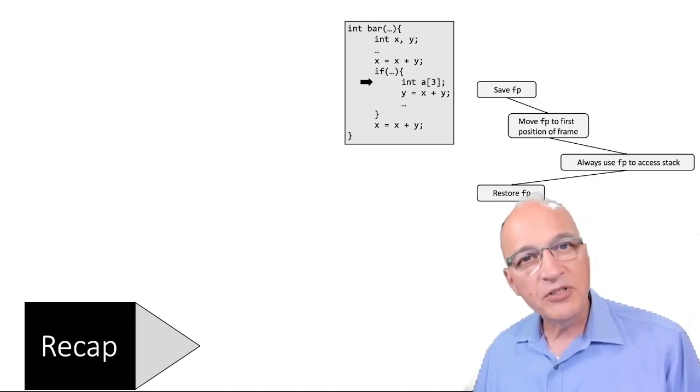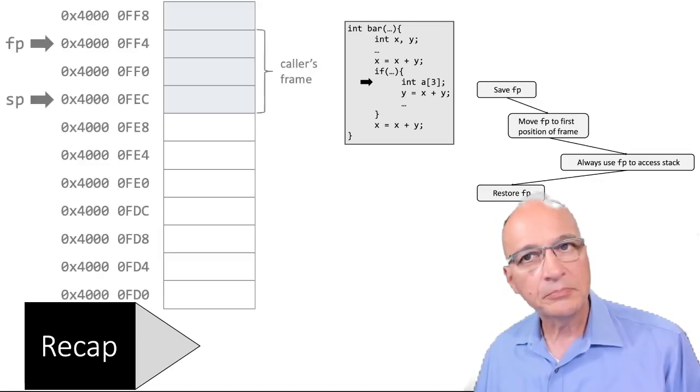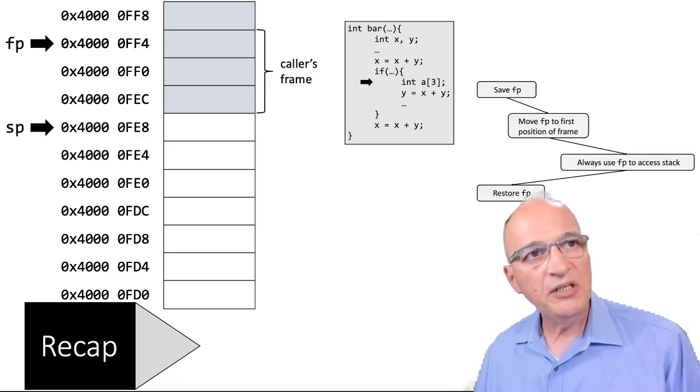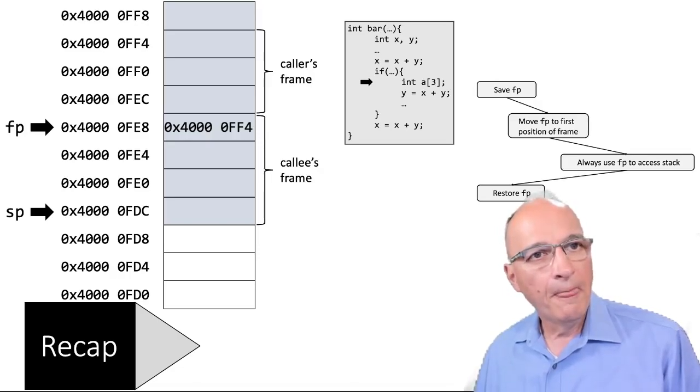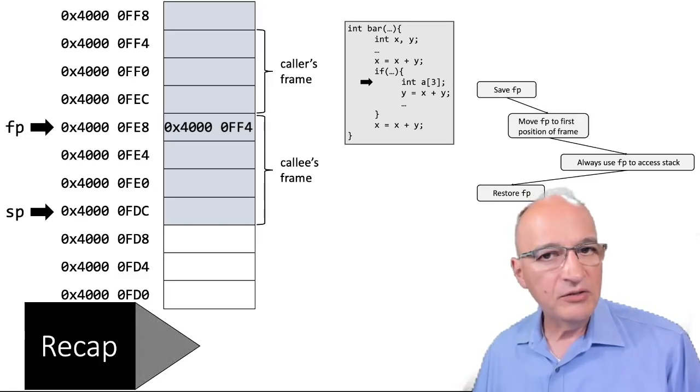And then I have to restore the frame pointer at the end of the procedure. We have seen an example of how we do that. We illustrated the movement of the stack pointer first, and then the frame pointer and the allocation of the callee's frame. And this is what we had for this lecture.